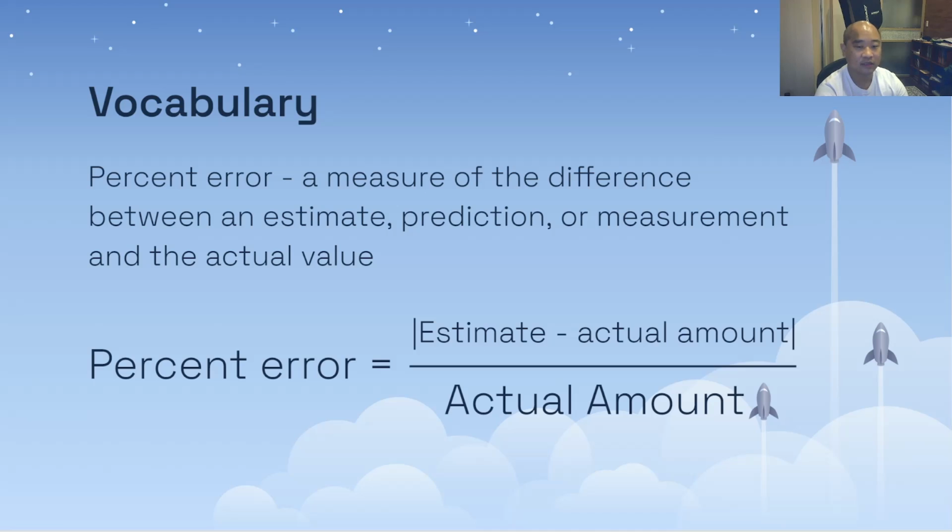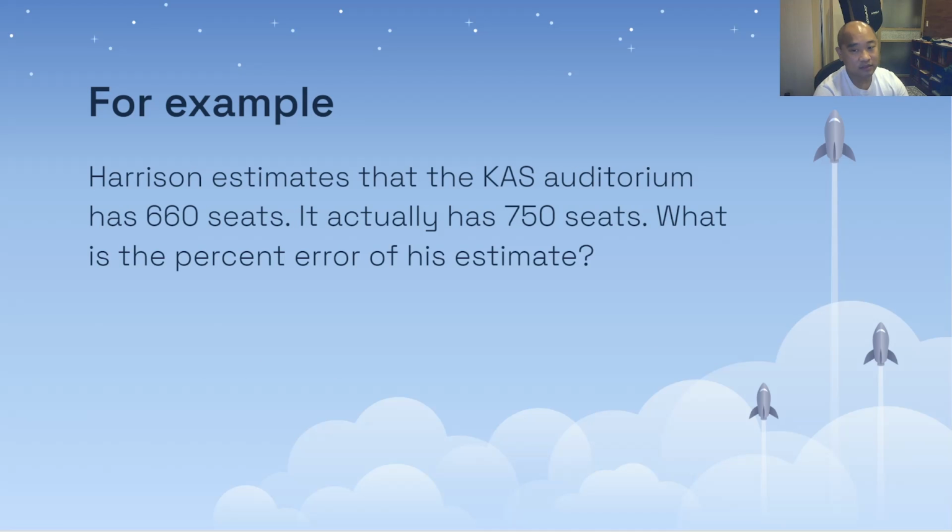So let's take a look at an example. Let's say that Harrison estimated that the KAS auditorium has 660 seats, but it's actually 750. So what's his percent error? Well, his estimate was 660 minus 750, over the actual amount, which is 750, and then we take the absolute value of this. So 660 minus 750 is negative 90.